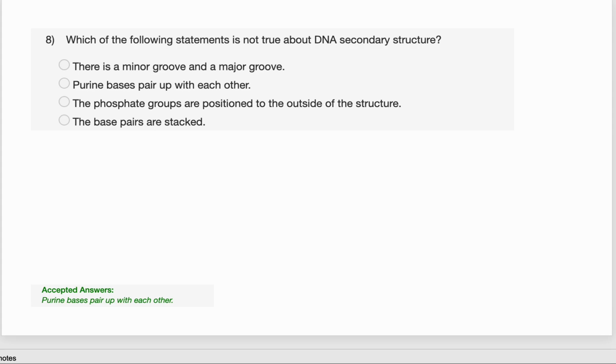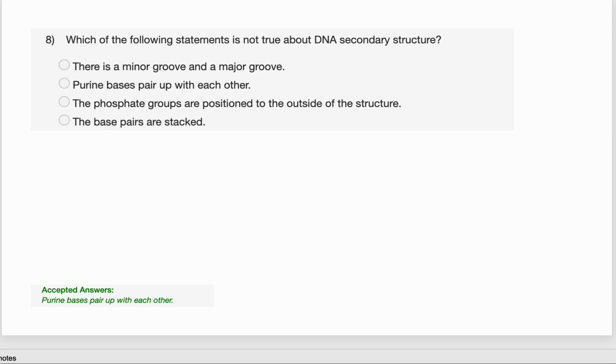The next question was, which of the following statements is not true about DNA secondary structure? A. There is a minor groove and a major groove. B. Purine bases pair up with each other. C. The phosphate groups are positioned to the outside of the structure. Or D. The base pairs are stacked.